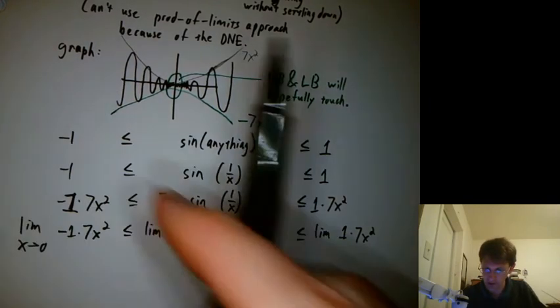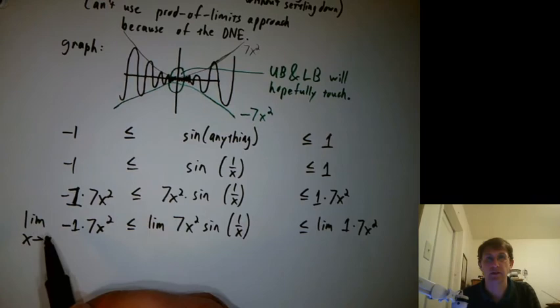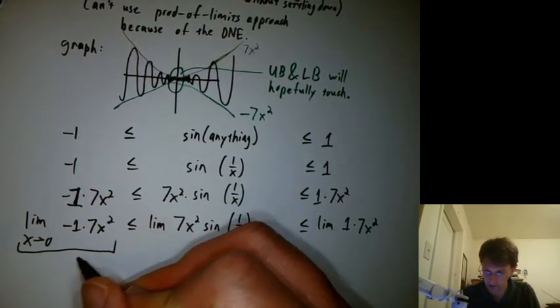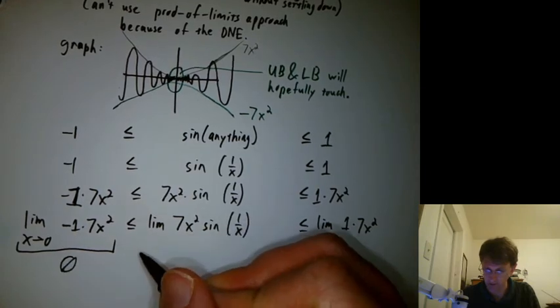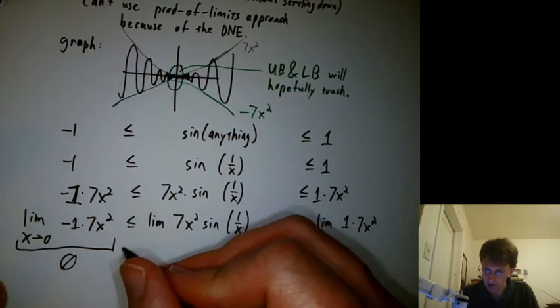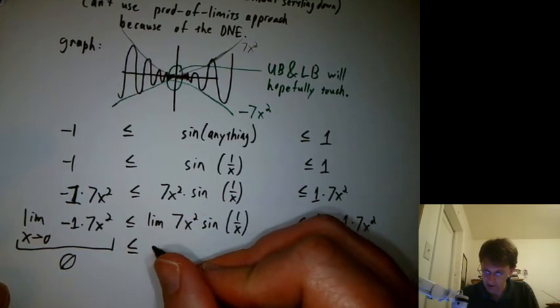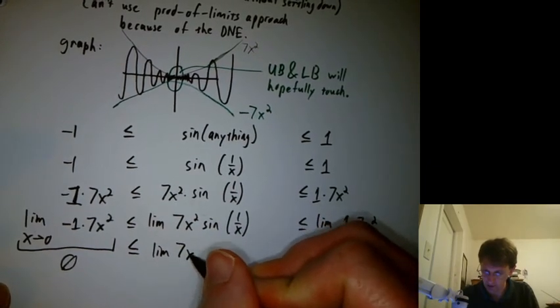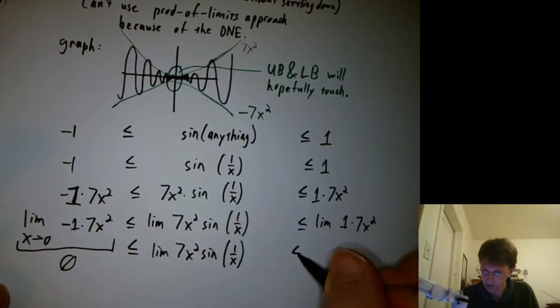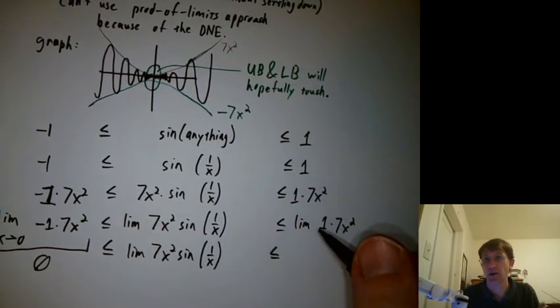So now what can we say? What is the limit as x goes to 0 of this? Well, that's just a polynomial. This whole thing is 0, right? It's a polynomial. You can plug in 0, you get 0. I'm not going to do anything to this, I'm just going to copy it. And then this is again a polynomial.